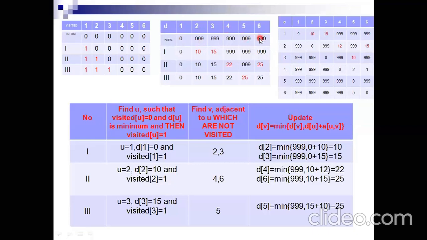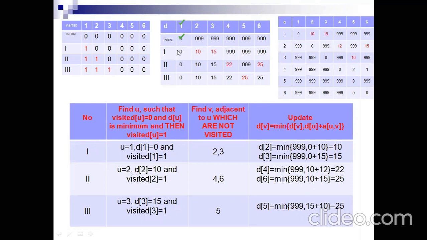Now the first step here is to find the U which is not visited. Initially none of the vertices are visited. So I should find the minimum such that it is not visited. You can see in D, which is the minimum value? 0 is the minimum value, which corresponds to which vertex, or which value of U?